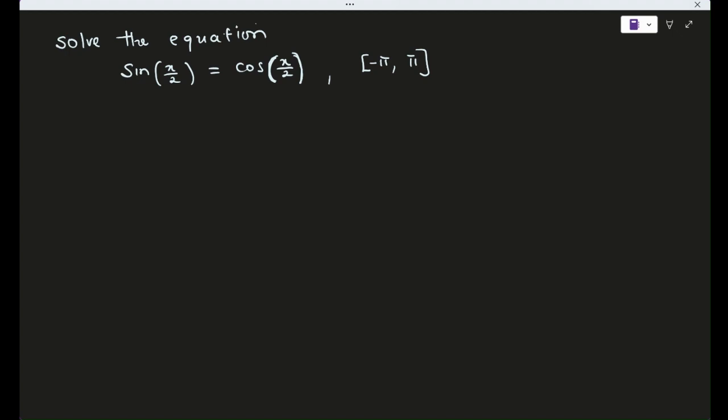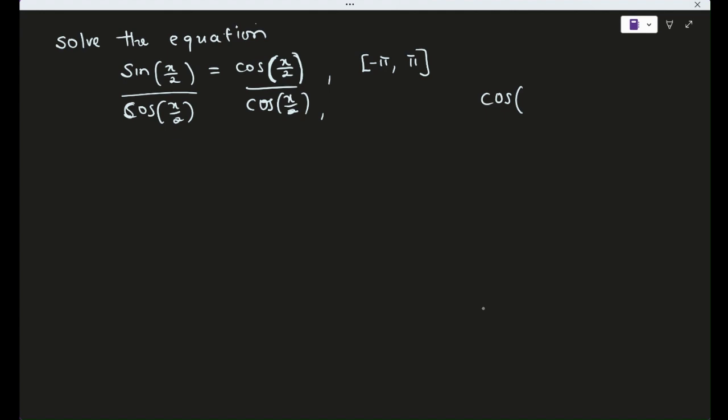We can divide both sides by cosine so that we convert it to tan. So this becomes tan x over 2, or let's just say divide both sides by cosine x over 2, and also here divide by cosine x over 2.